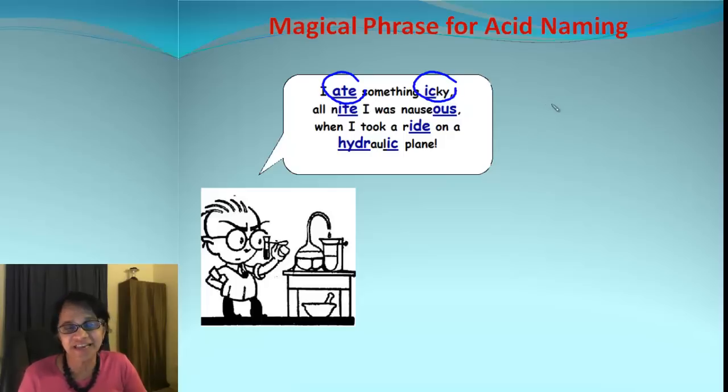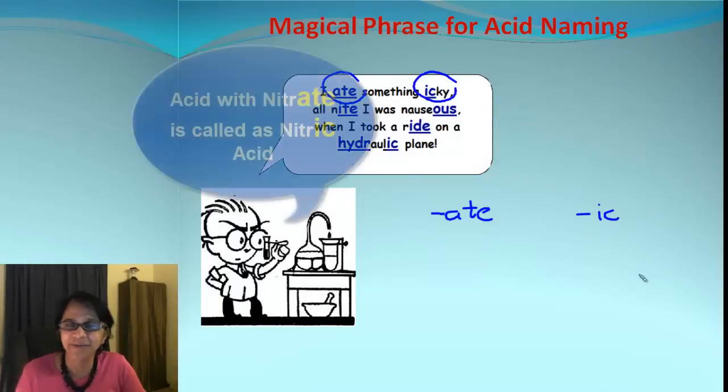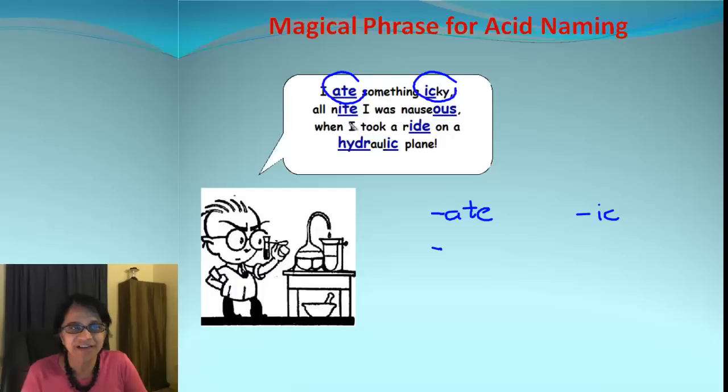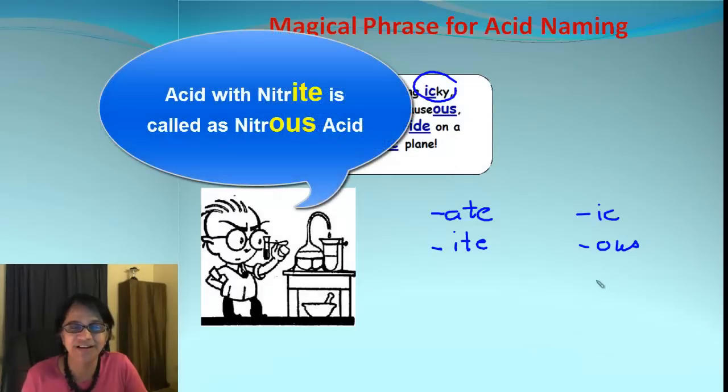How does it translate for naming the acids? If the negative polyatomic part is ending with ate, the acid name will end up with ic. So nitrate will become nitric acid. And if "all night", ite, is the ending part, if your polyatomic is ending with ite, then your acid will be ending with ous.